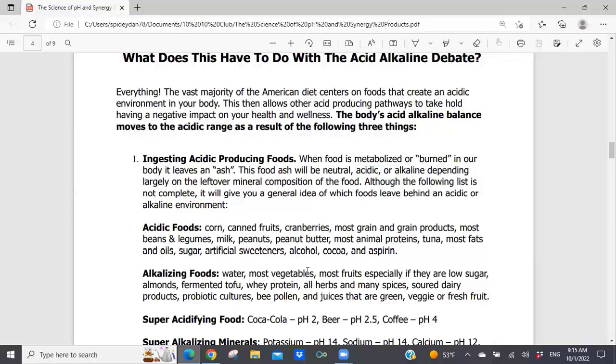And when you look at that, that really looks like an American diet. Now, what are alkalizing foods? Water, most vegetables, most fruits, especially if they are low in sugar, almonds, fermented tofu, whey protein, all herbs and many spices, soured dairy products, probiotic cultures, bee pollen, and juices that are green, veggie, or fresh fruit.